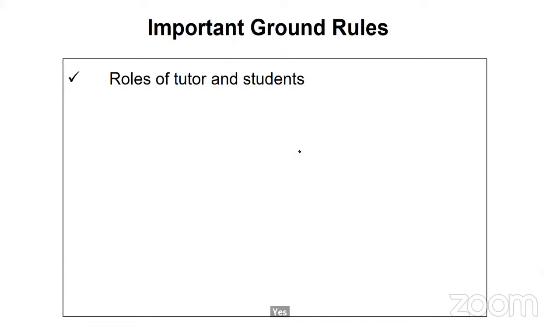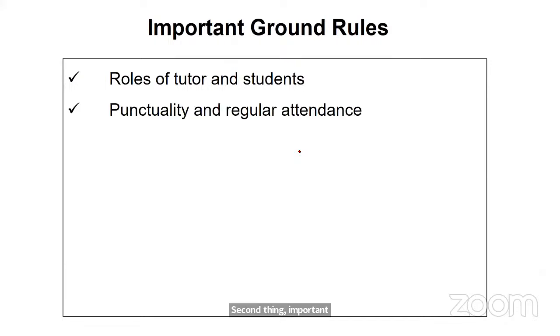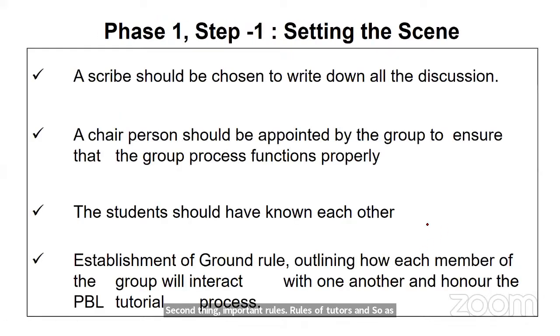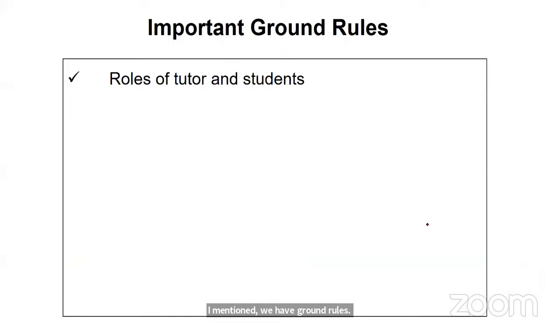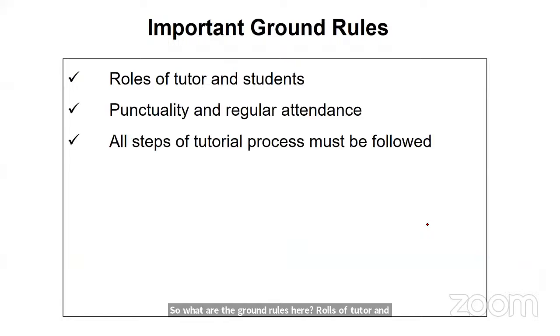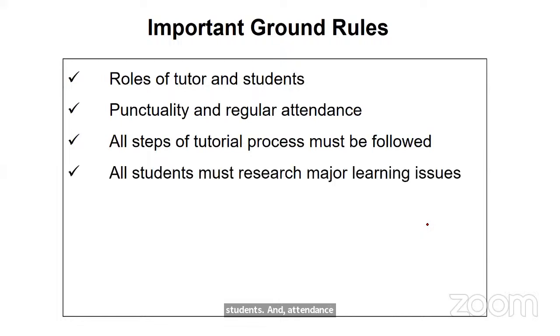The second thing, important roles of tutors. And as I mentioned here, ground rules. So what are the ground rules here? Roles of tutor and students, punctuality and regular attendance. All steps of the tutorial process must be followed.